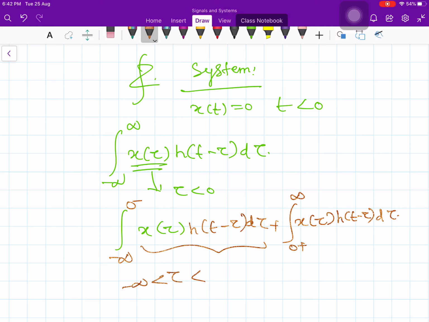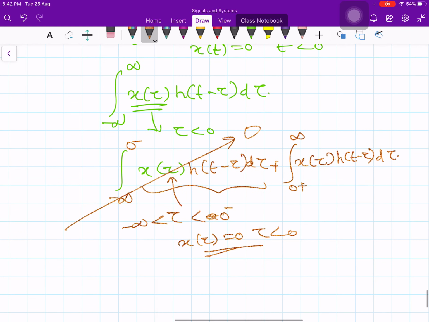What is the x of tau value for a causal signal? X of tau is equal to 0 for tau less than 0. Therefore, the first integration goes to 0. So you are left with only one integration, from 0 to infinity of x of tau h of t minus tau d tau. You put either 0 or 0 plus, it does not matter. Now, let us bring in the causal system principle.